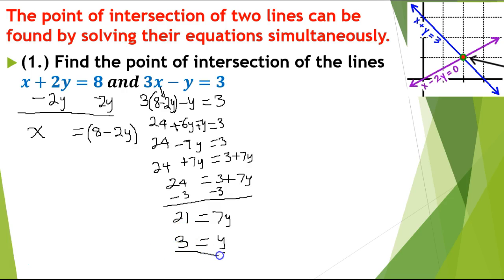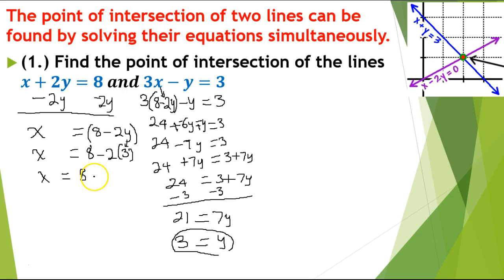So y is 3, but that's one part of our answer. We still need to find x, but we already solved for x here. We come back to this and substitute 3 for y in this equation to help us find x. So this is 8 minus 2 times 3, and then follow the order of operations.